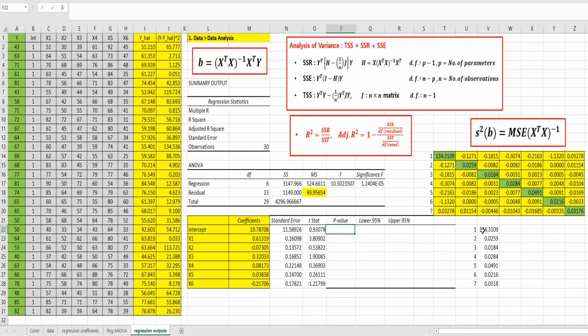So in order to get the p-value, this is a two-sided p-value, so we can think of this formula: 2 times (1 minus T.DIST, and ABS, absolute value of T statistic, and degrees of freedom as 23, TRUE).